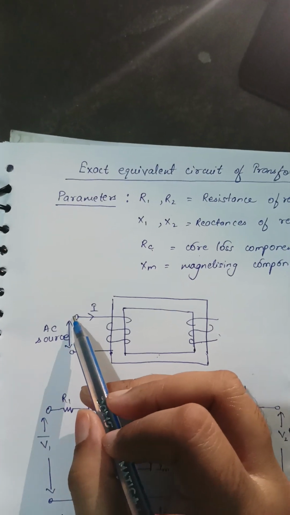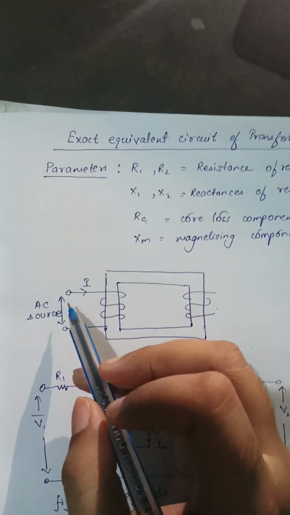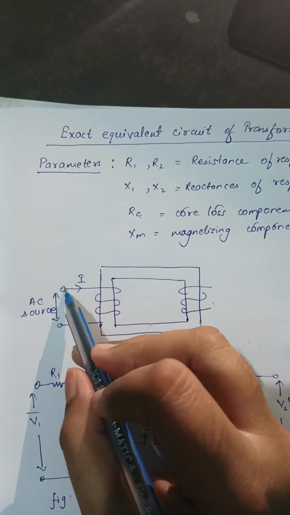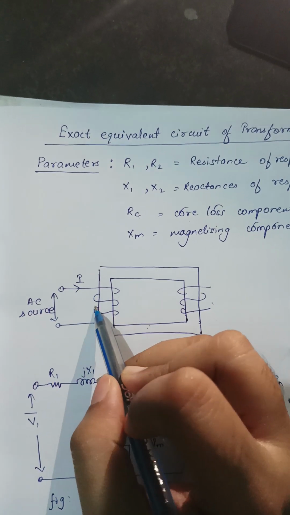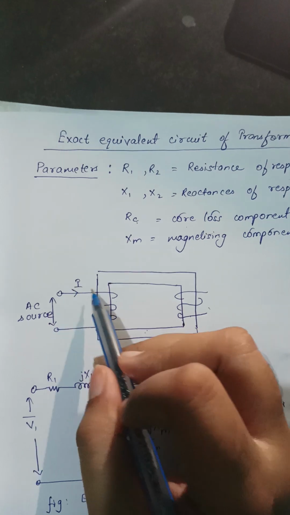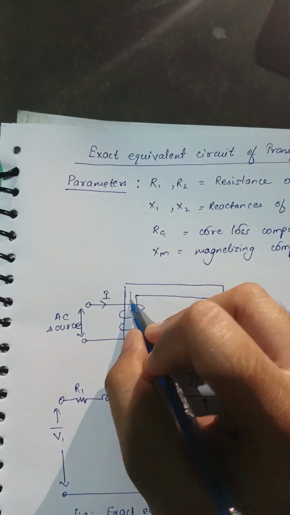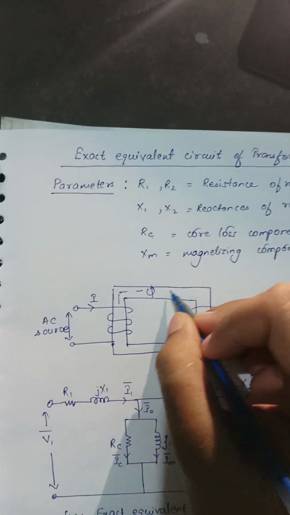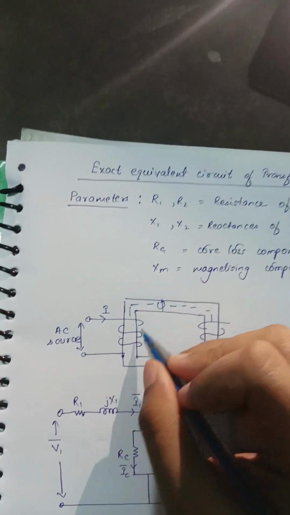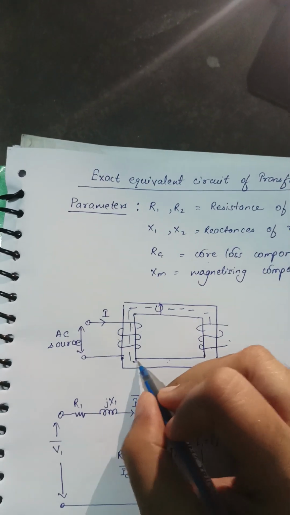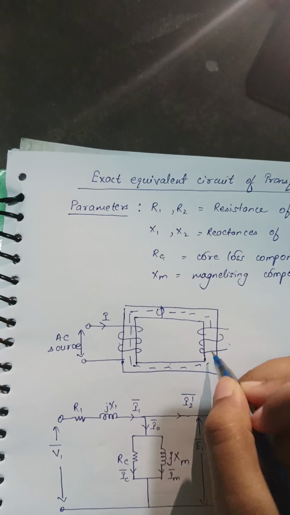When we talk about the magnetizing component XM, that is the reactance, whenever we provide an AC source, then the required value of current starts flowing in the primary winding. Due to this current, some flux will be generated in the core, which can be given by the right hand thumb rule.